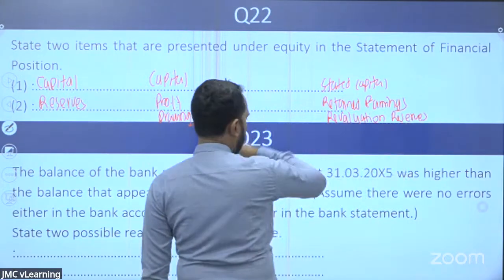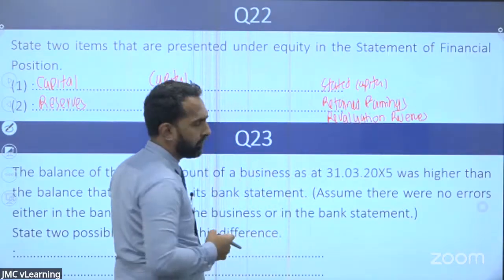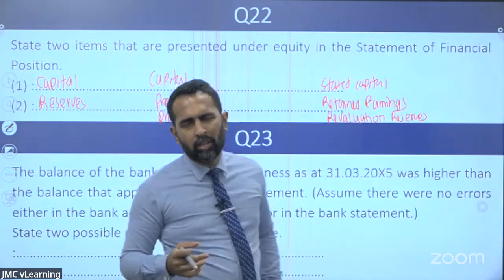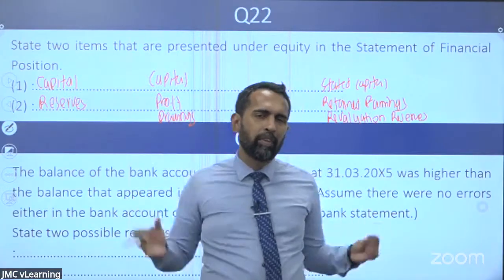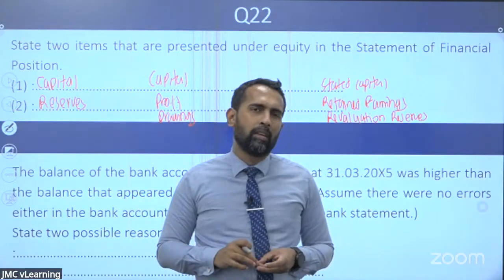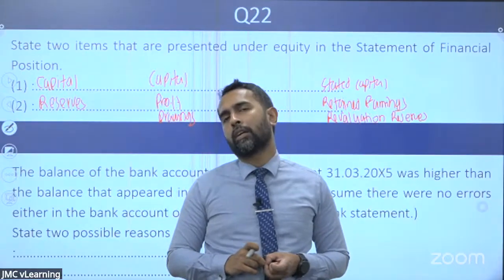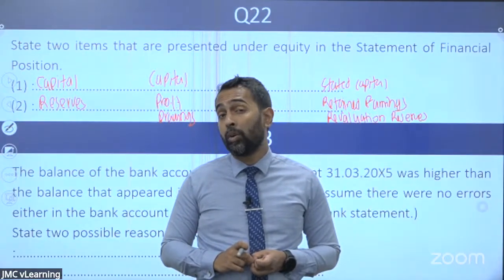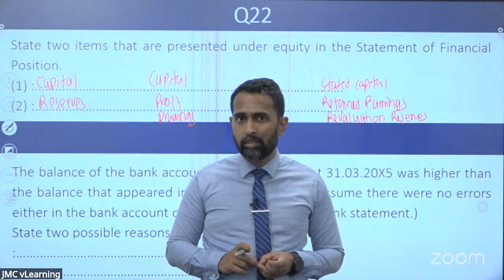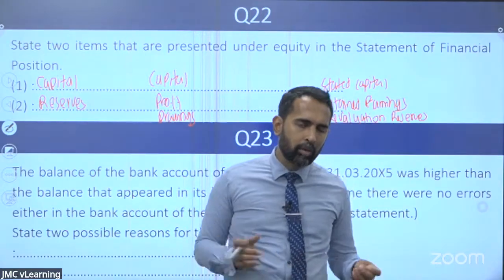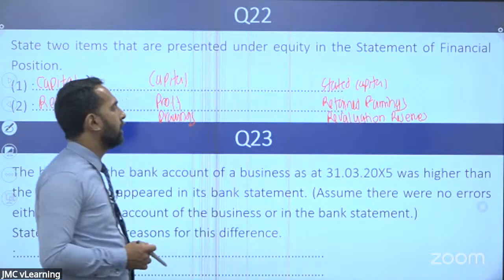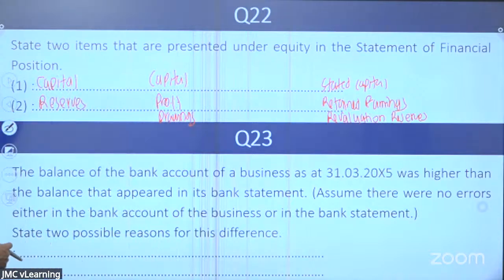So depending on the type of the entity, this varies, right? Sole prop, you got the stated capital and the profit and the drawings. Then in terms of a partnership, you have the capital accounts and the current accounts. Companies, you got the stated capital and the reserves, like that. But all are talking about more or less the same thing, right? Okay.